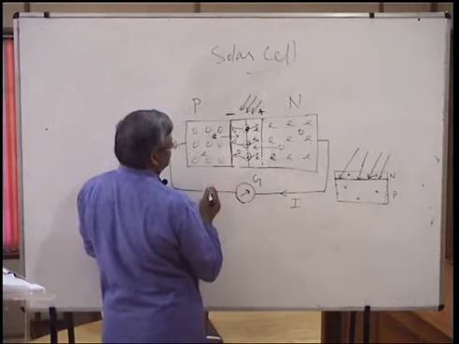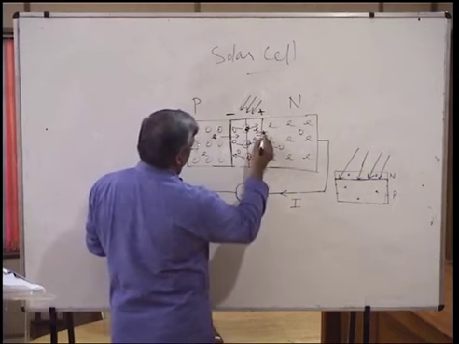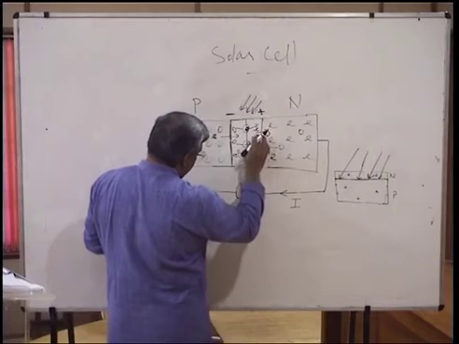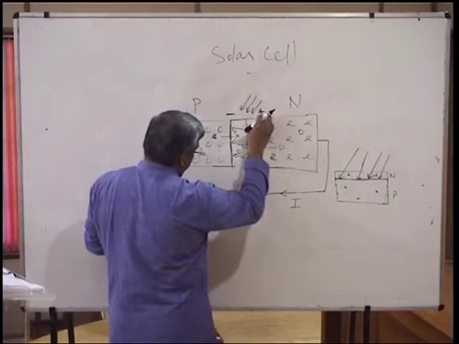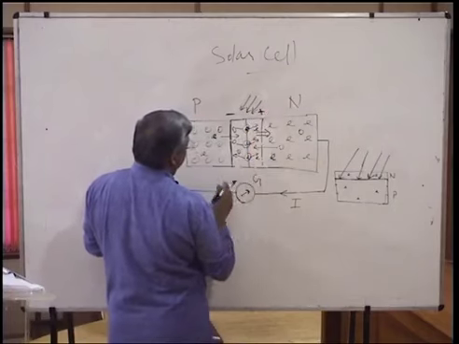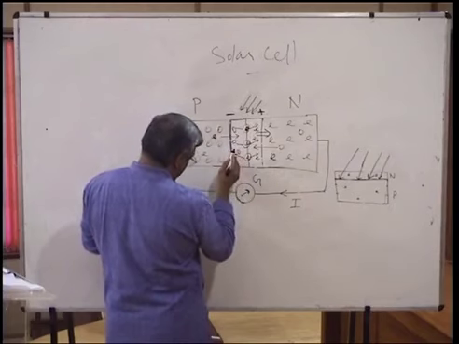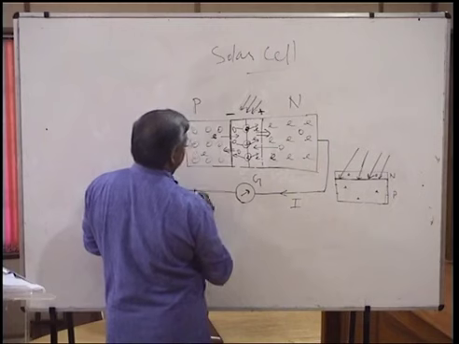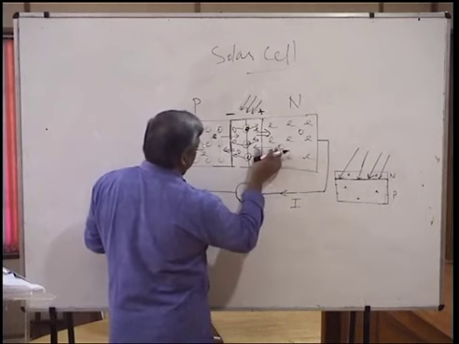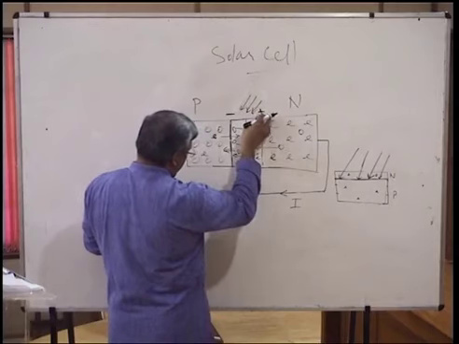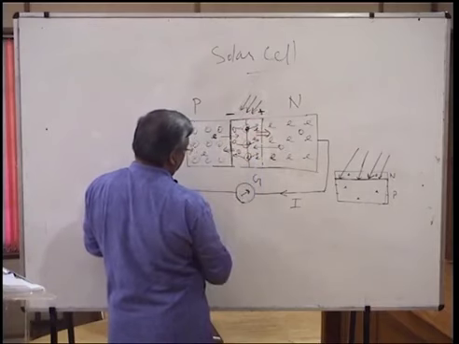There are 2 charges. Electrons will be moving in this direction. The photo-generated electrons will be moving in this direction because of this positive potential. And photon-generated holes will be moving in this direction. So this is a similar direction to the minority carriers' movement, which is drifted by this potential.